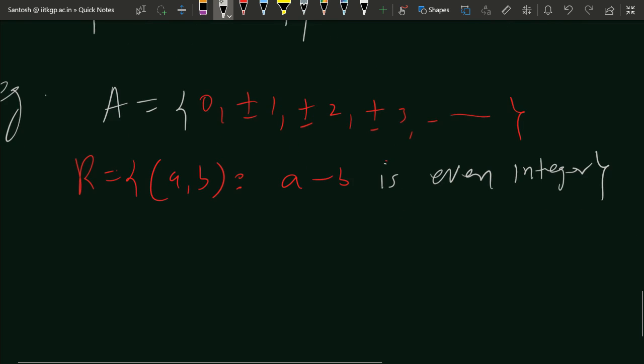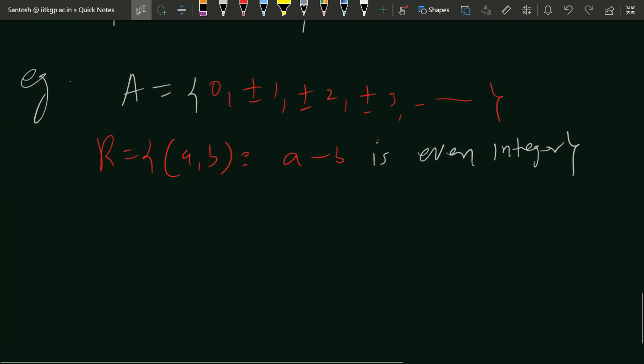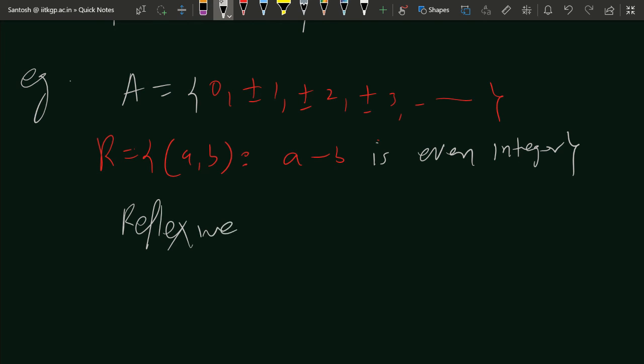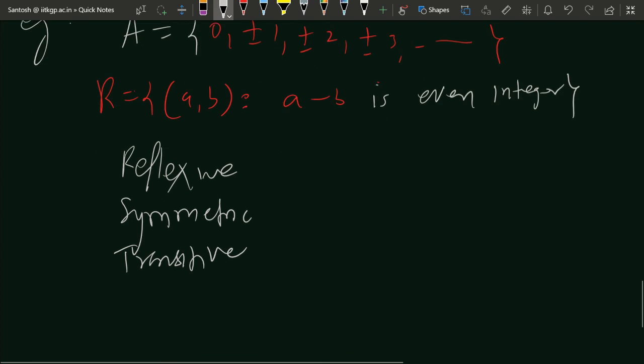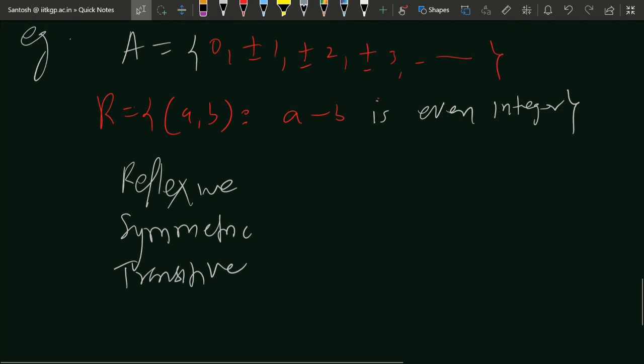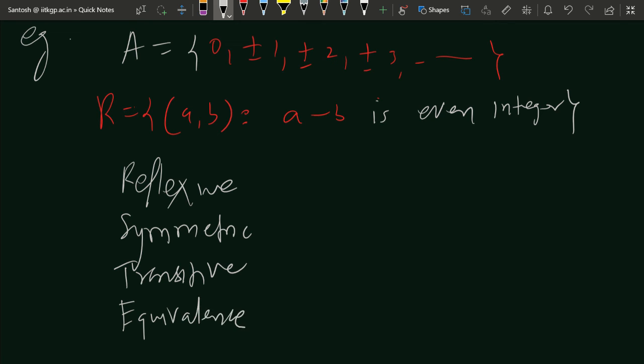Okay, so now first check whether it is reflexive, check whether it is symmetric, check whether it is transitive, check one by one, and then can we say it is an equivalence relation? So these four questions you have.